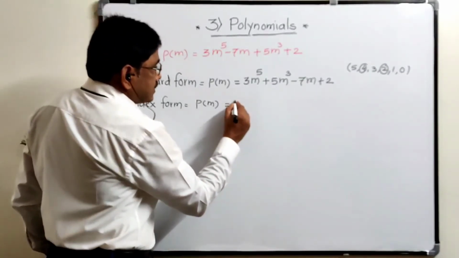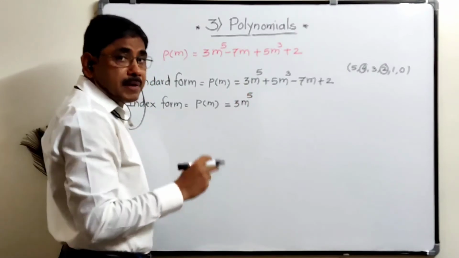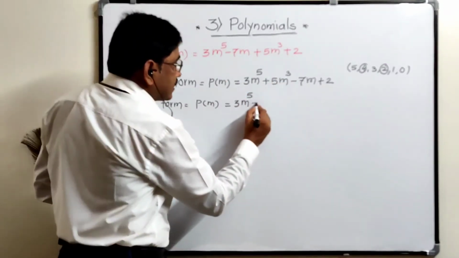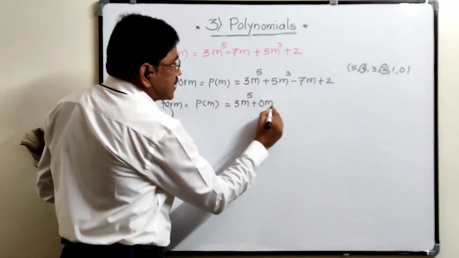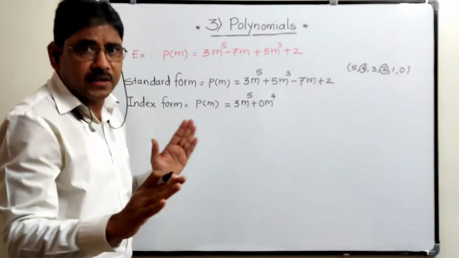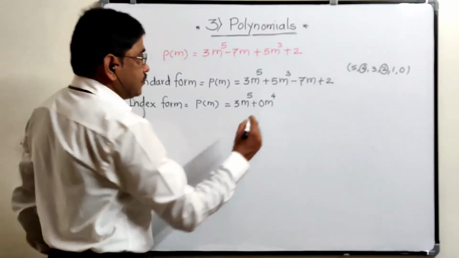How? This 3m raised to 5. After that m raised to 4 should come, but m raised to 4 term is not there. So write with 0, 0m raised to 4. Write with 0 coefficient. That means this term becomes 0. It is meaningless, but when we write index form, we have to write that term.